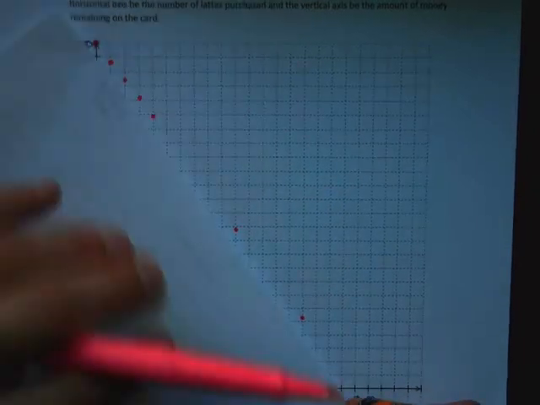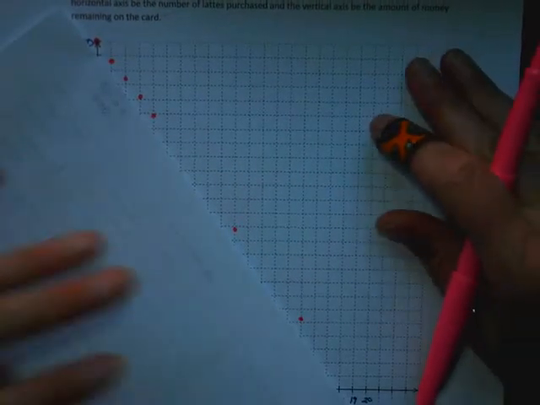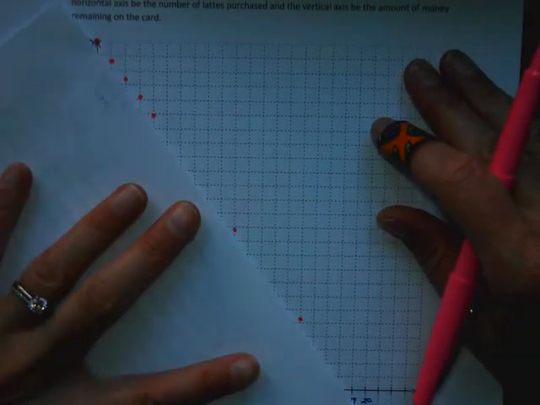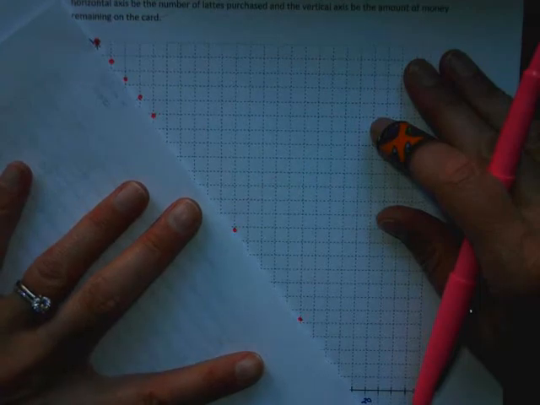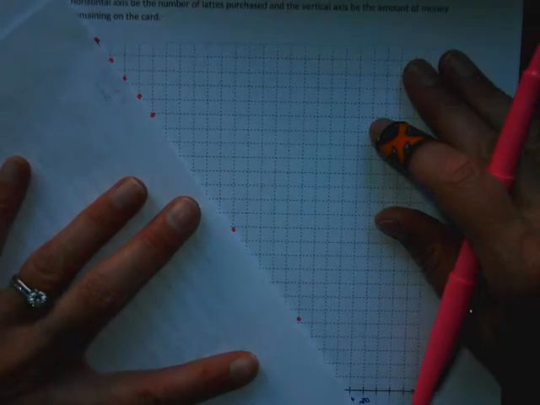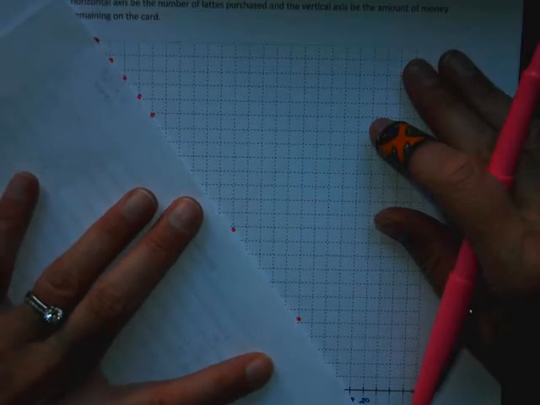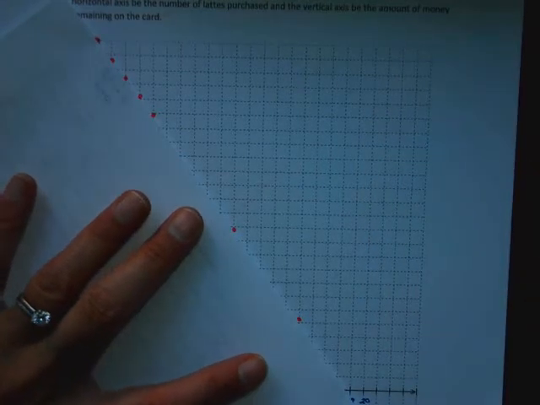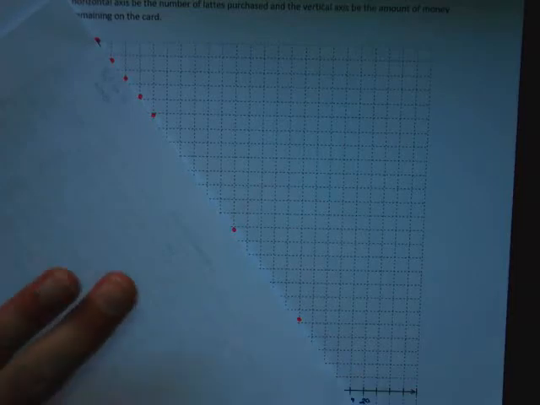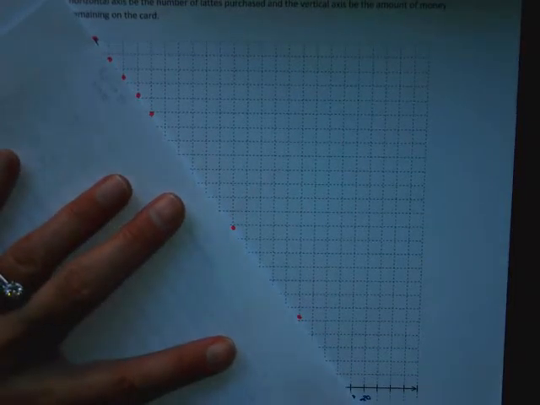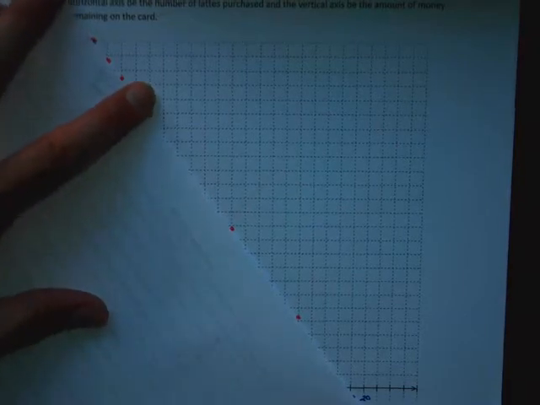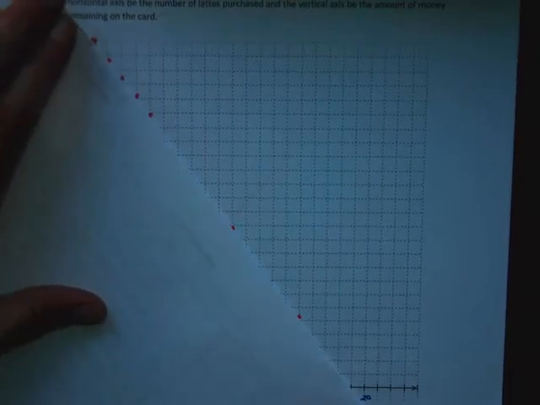All I did is I folded a piece of paper in half. Okay. And yeah, they're all nicely lined up, aren't they? They look pretty good. Let's see. Okay, so trying to connect the dots as best as I can.